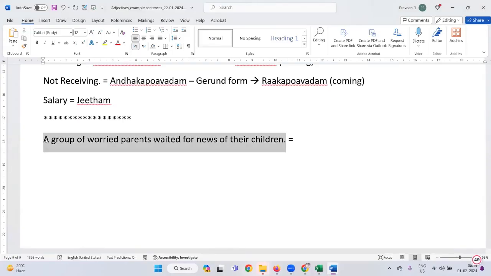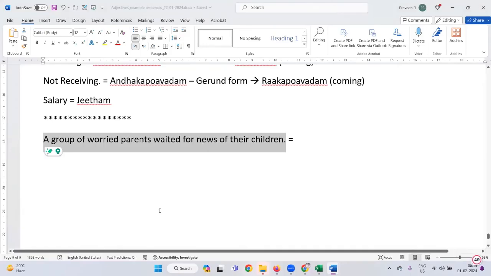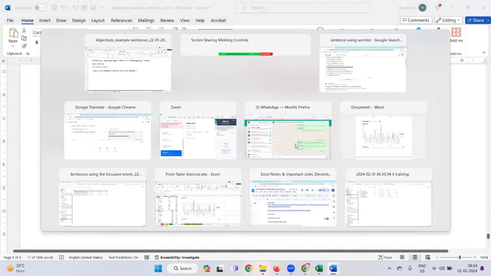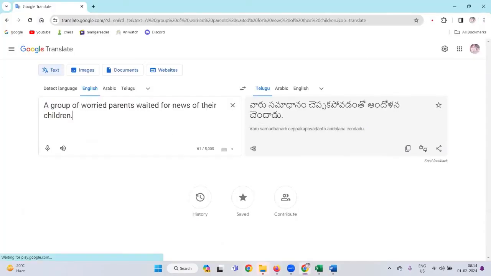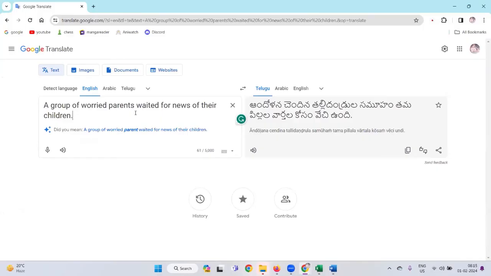If it gives some variety of translation, we find difficulty in understanding, but it's okay. I'll explain with simple things. A group of worried parents waited for news of their children. ఆందోళన చెందిన తల్లిదండ్రుల సమూహం తమ పిల్లల వార్తల కోసం వేచి ఉంది.